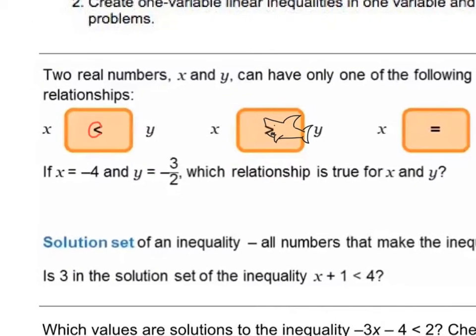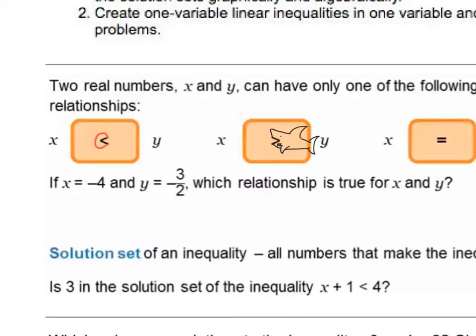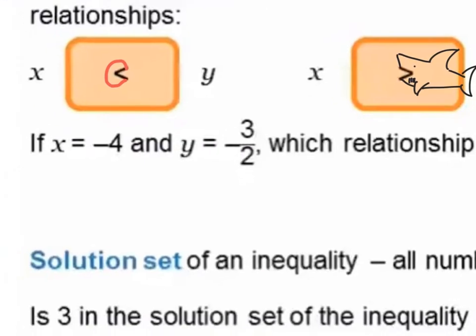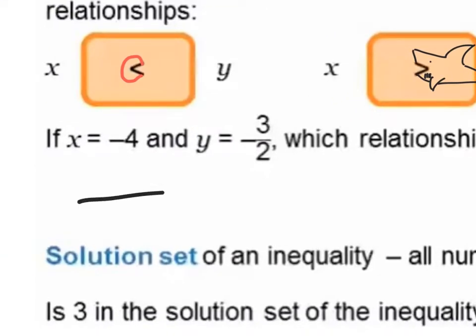So it says that if x is equal to -4 and y is equal to -3/2, which relationship is true for x and y? Here's where it gets weird, because now we're dealing with negative numbers. You're cool with positive numbers, you've been doing this for a long time, but let's take a look. Let's draw a number line, and I'm going to put 0 here.